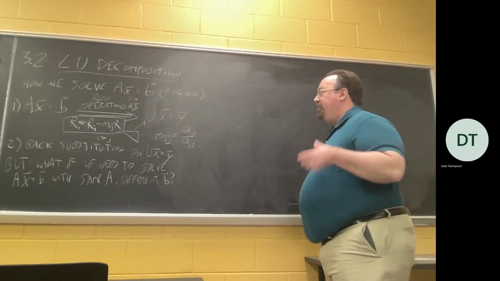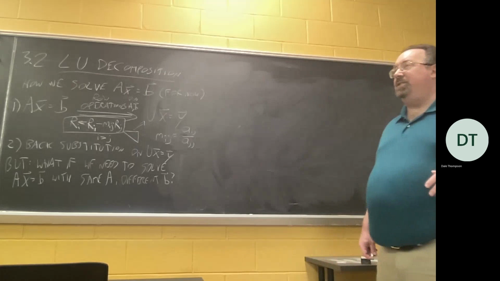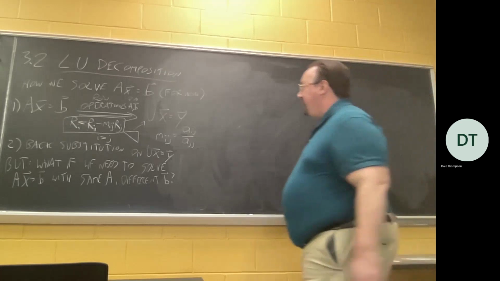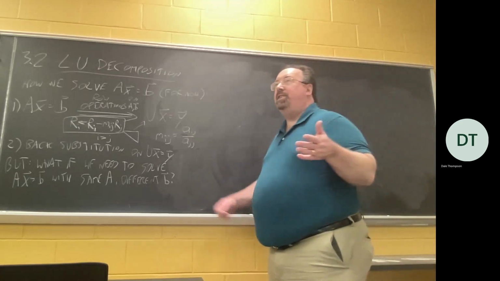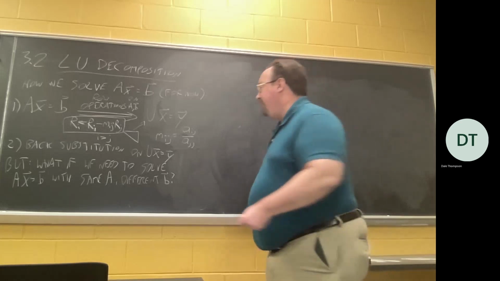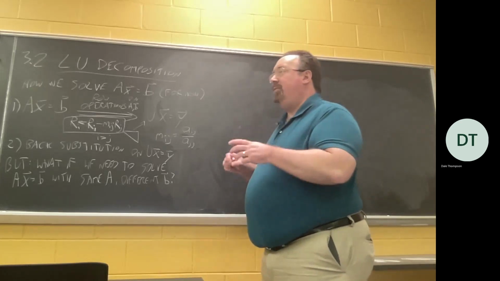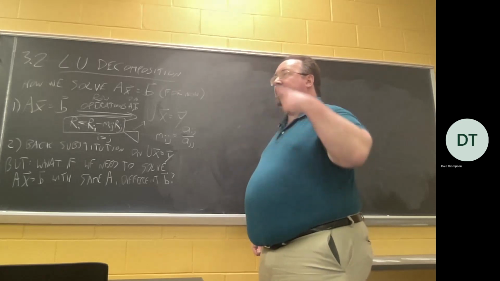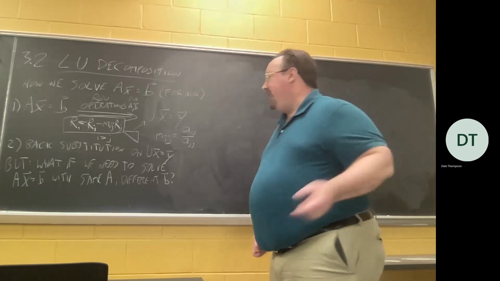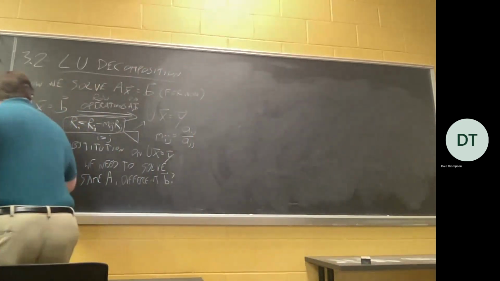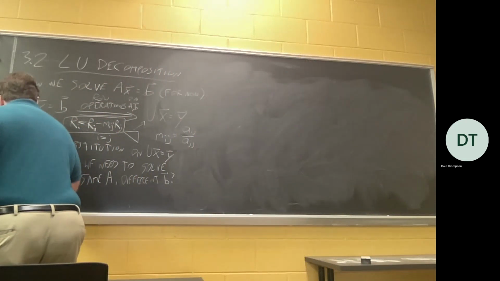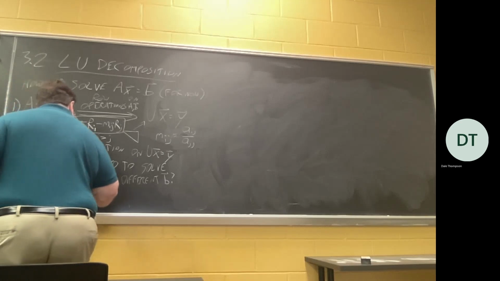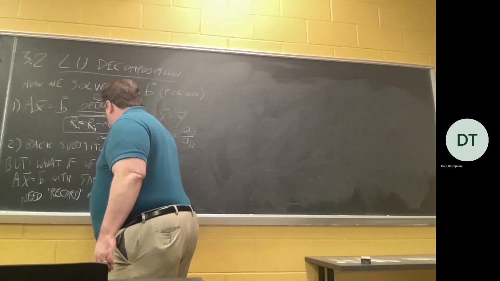Because if we do that, we don't want to repeat this whole process. There's no reason to apply the same row operations to A every time we get a new b. That's repetitive because the upper triangular matrix U has nothing to do with b. It's going to be the same upper triangular matrix every time. But if we apply row operations to A and b once, and we get a different b, we want to apply that same sequence of row operations to the new b. So for that, we need something that we currently don't have. We need some kind of record or storage of the row operations.